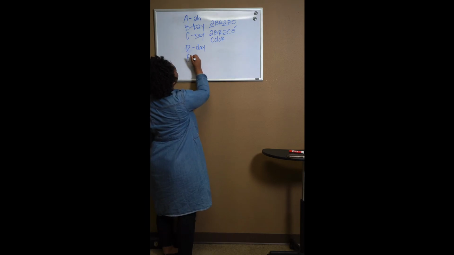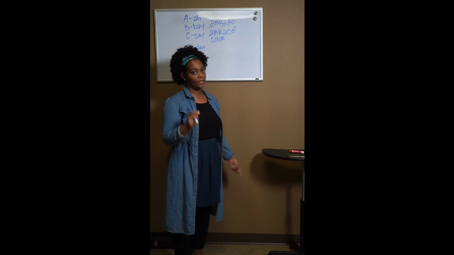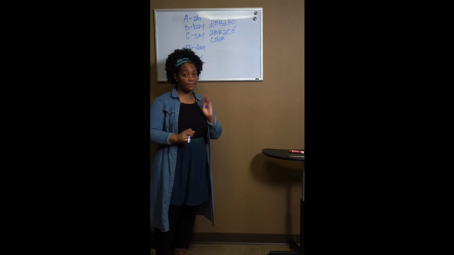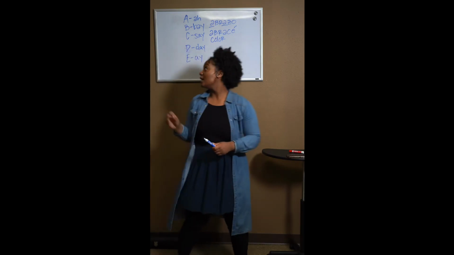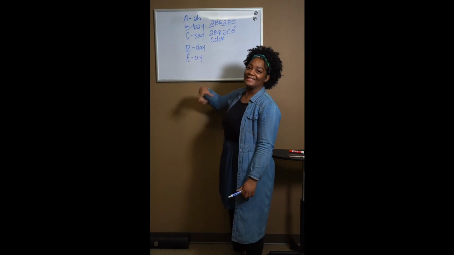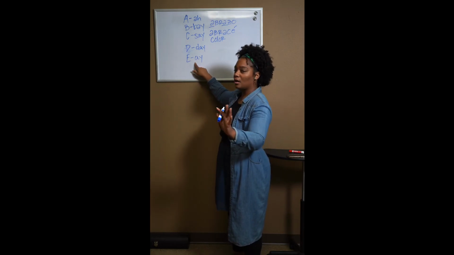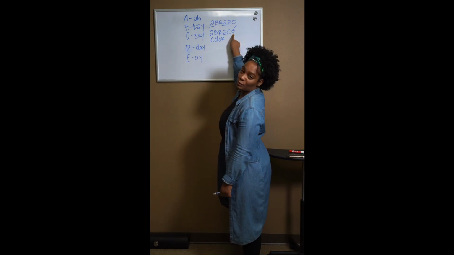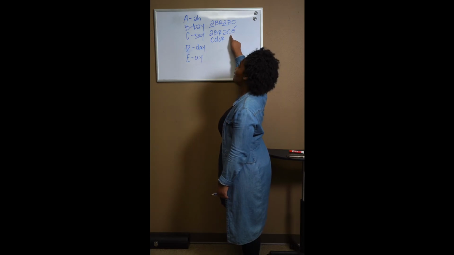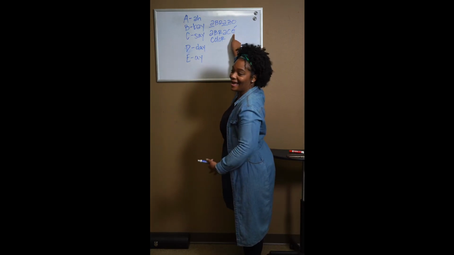Next letter. This is where it gets to be a little confusing, because E in Spanish is eh, and it always makes the eh sound. I'll give you an example. Here, when we said this word to listen to the soft C, this makes the eh sound.